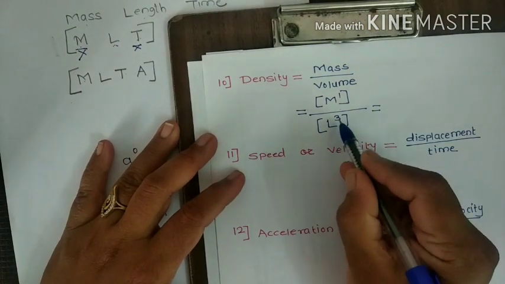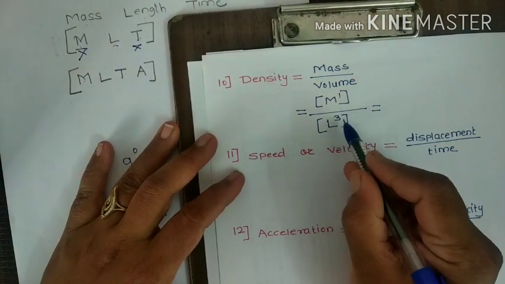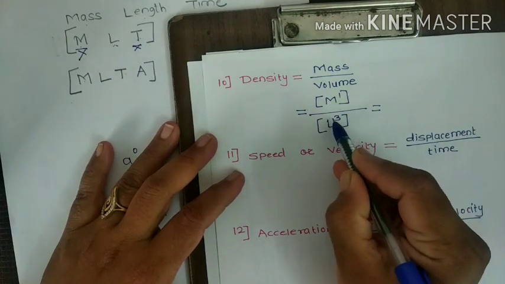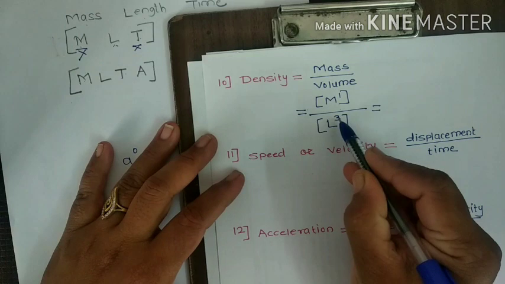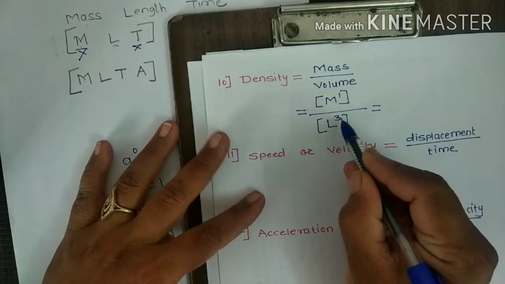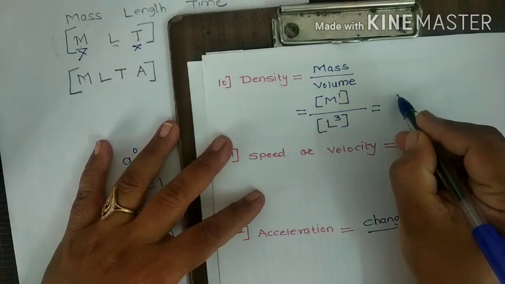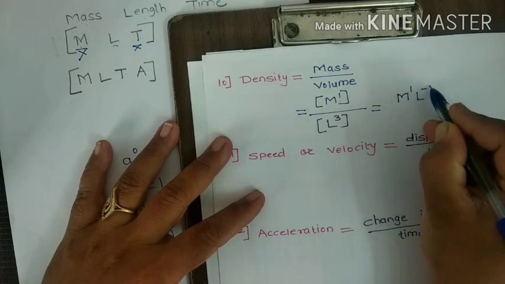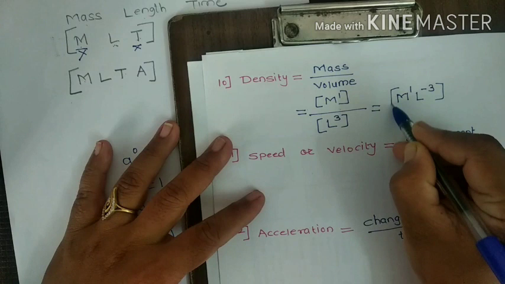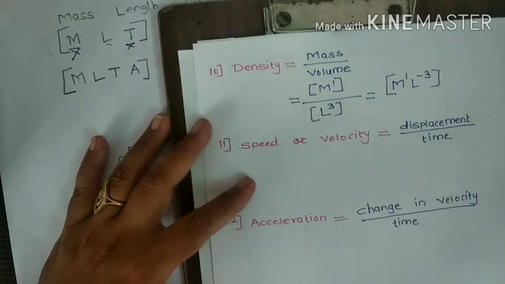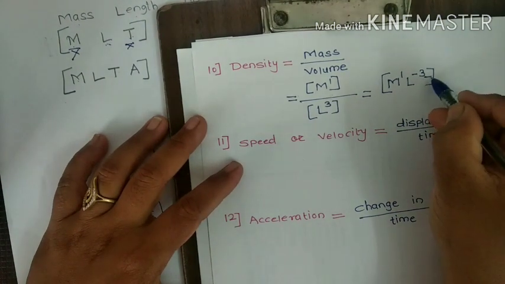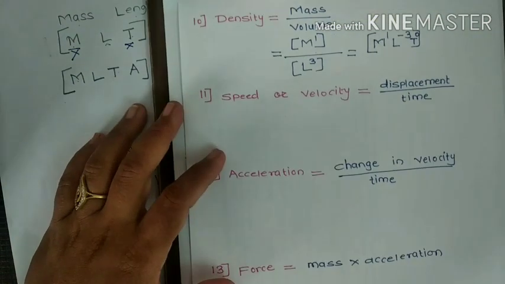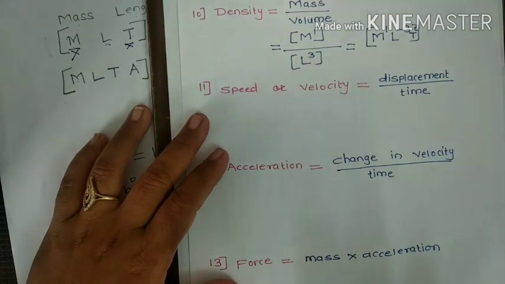Whenever that L raised to the power 3 goes to the numerator, that 3 has value -3, and we take the inverse of that 3. Okay. That's why we get dimensions M1 L raised to the power -3. Okay. Here time is not required. That's why we have considered T raised to the power 0, or you can write it or not.